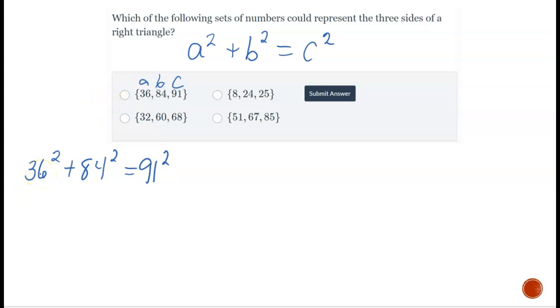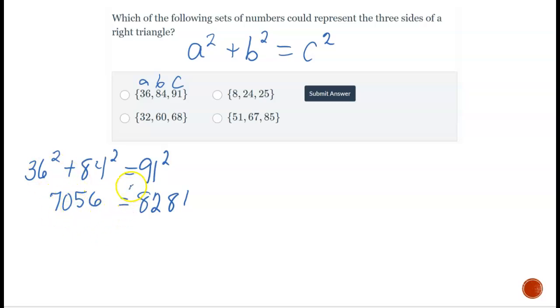On your calculator, you can even type in 36 squared plus 84 squared, and you get 7,056. Does that equal 91 squared? Evaluate that, and you get 8,281. We don't have to always write down each step, especially as they're large numbers.